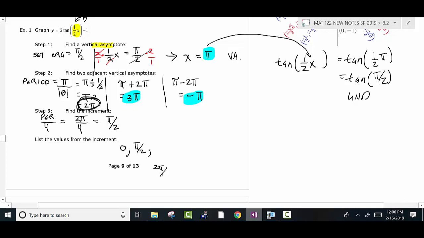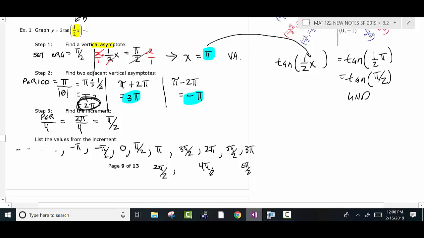So you'd have 2 pi over 2, which is pi, 3 pi over 2, then you'd have 4 pi over 2, which is 2 pi, and so forth. And you could continue to go to 3 pi because you have another asymptote. So then you would go 5 pi over 2, and then 6 pi over 2 would give 3 pi. Then you could go this way and get negative pi over 2, negative pi, and so forth like that.